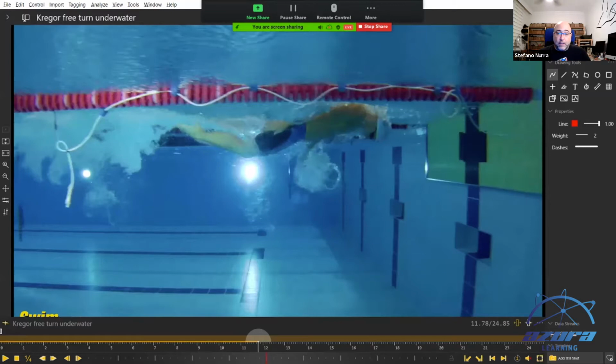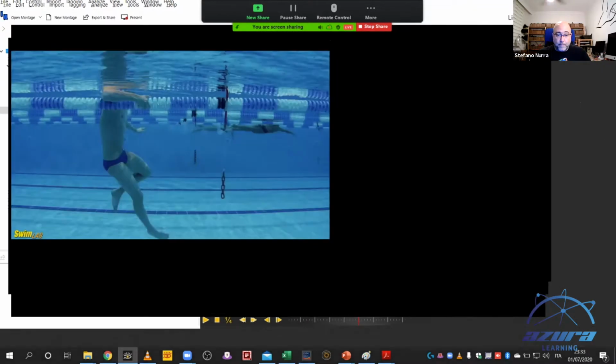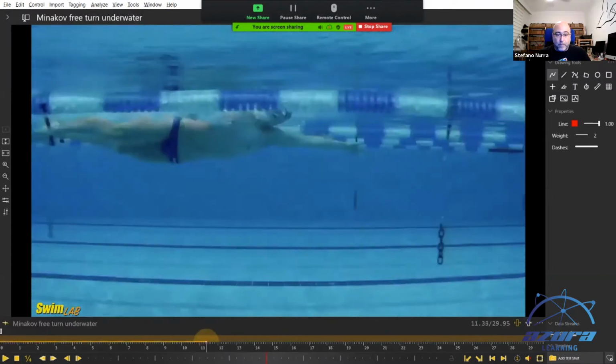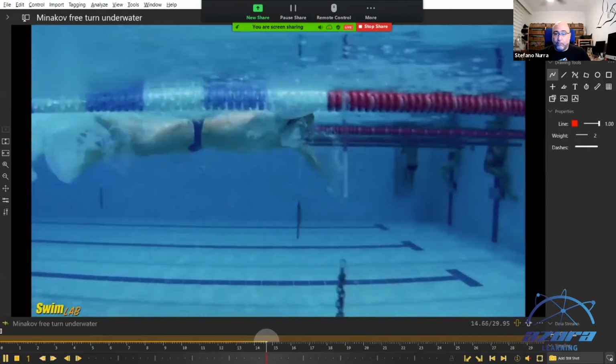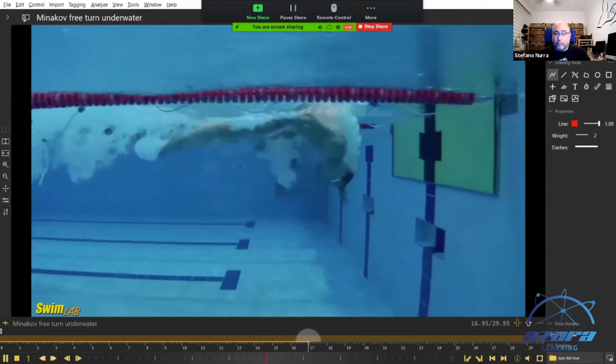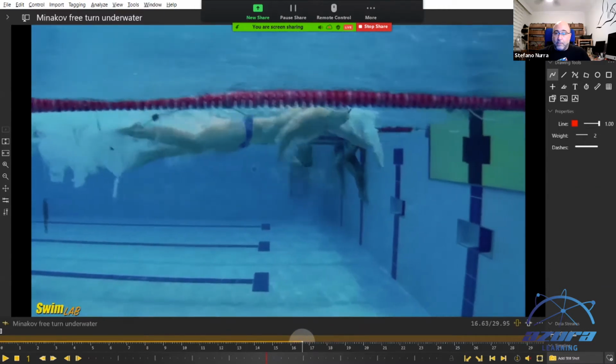Maybe we can take some other example. I don't remember this one, how he is performing. Okay, yeah, this athlete is coming.